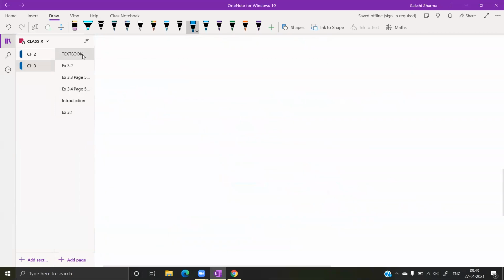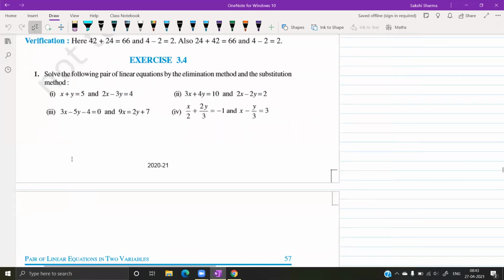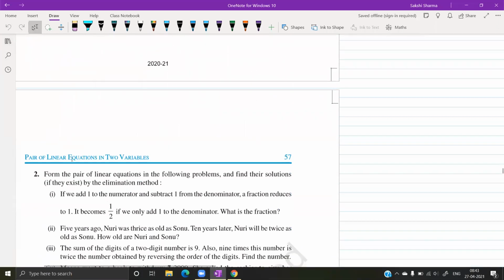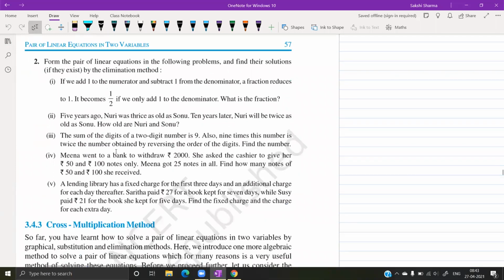Let's discuss the statement sums. Page 57. Form the pair of linear equations in the following problems and find their solutions if they exist by the elimination method. They have indicated here that you may check whether or not the pair will have a solution.